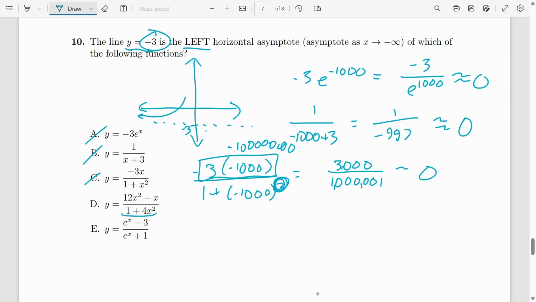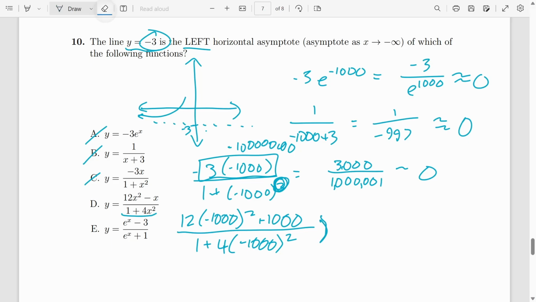Okay, D. Hopefully this is a 1 in 2 chance. So 12 times negative 1,000 squared plus 1,000, all over 1 plus 4 times negative 1,000 squared. Well, both the top and the bottom have a squared term, so this does have a chance of actually approaching a regular number instead of 0.